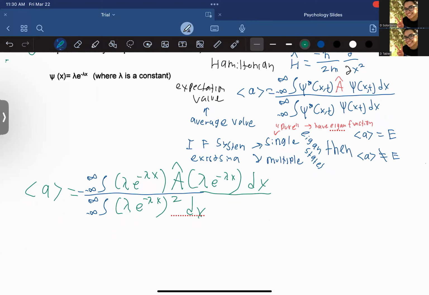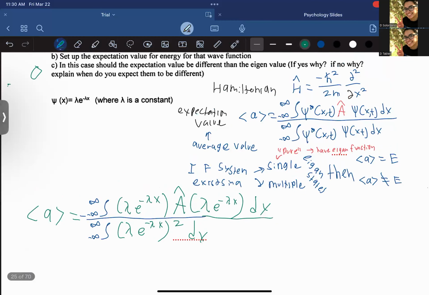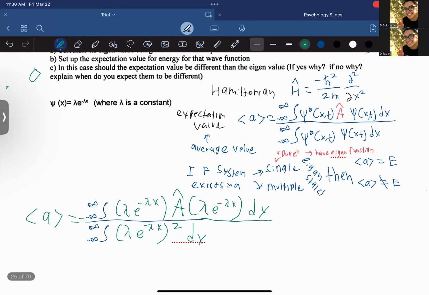Oh wait, no. This A here. We have to plug in the A. I think this A, is it an operator? I feel like it might be an operator.